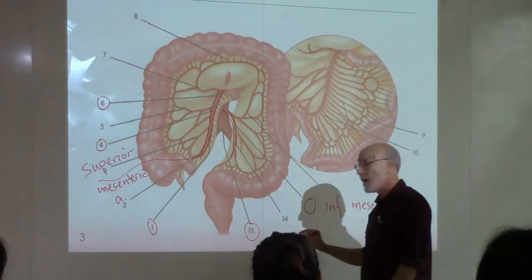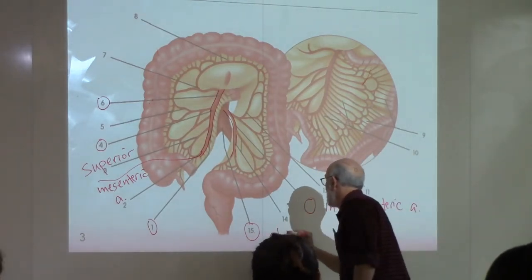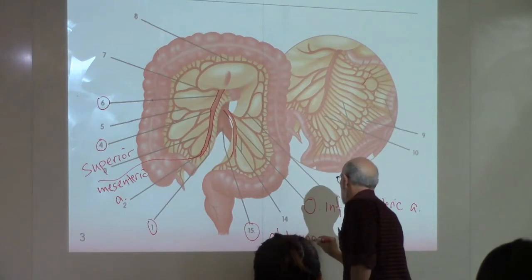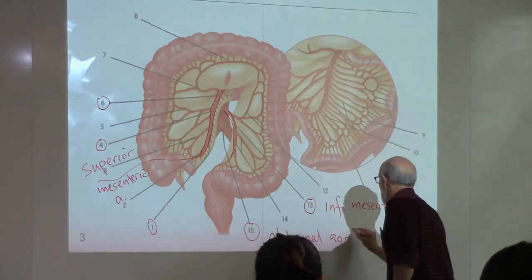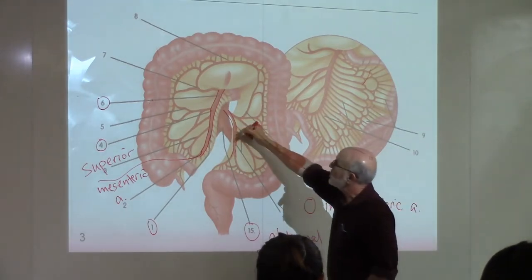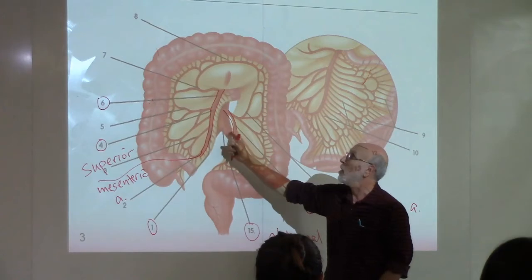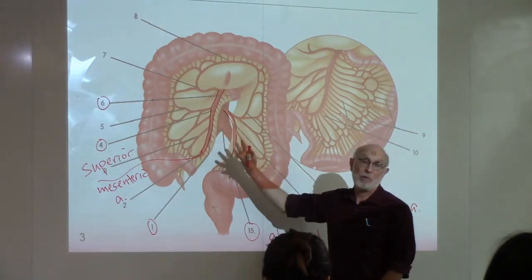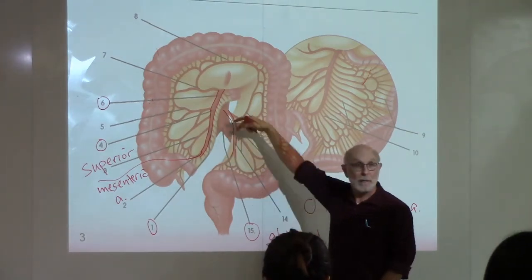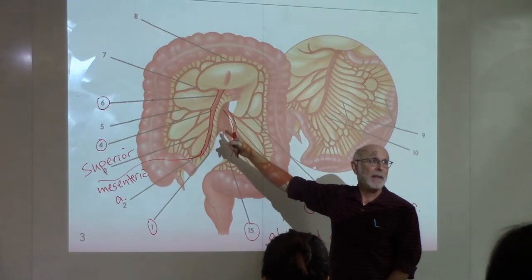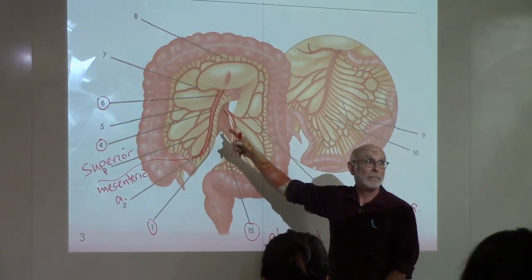The abdominal aorta. And what is it splitting into? What are these two arteries that the abdominal aorta terminates in at this split? The common iliac.